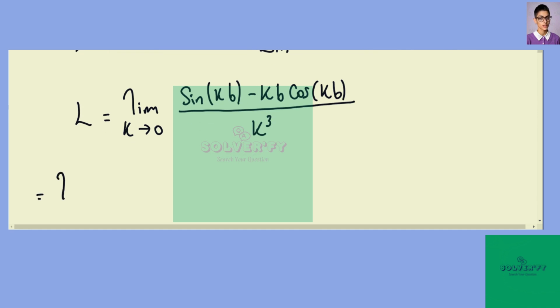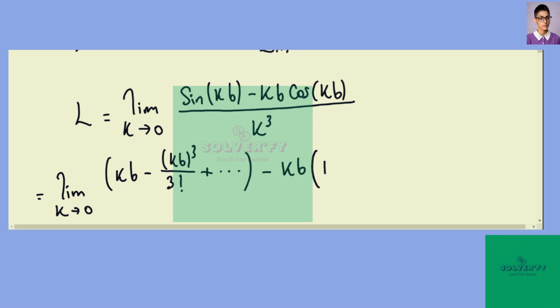So with that, we're going to have something of the form capital K times b minus capital K times b to the 3 divided by 3 factorial plus this, minus capital K times b times 1 minus capital K times b to the square divided by 2 factorial plus capital K times b to the 4 divided by 4 factorial minus dot dot dot.